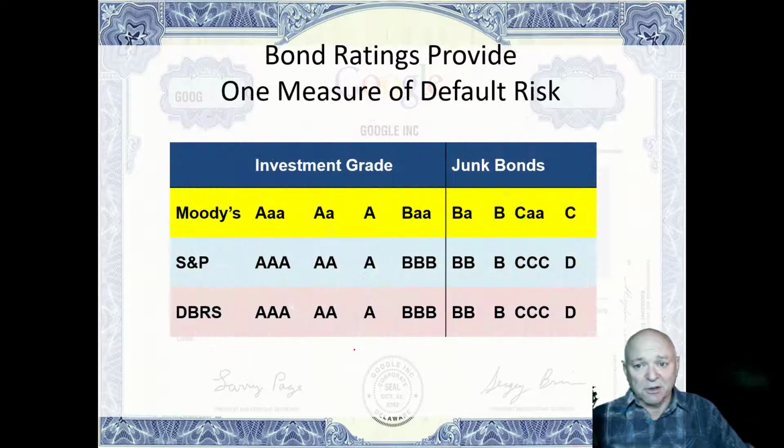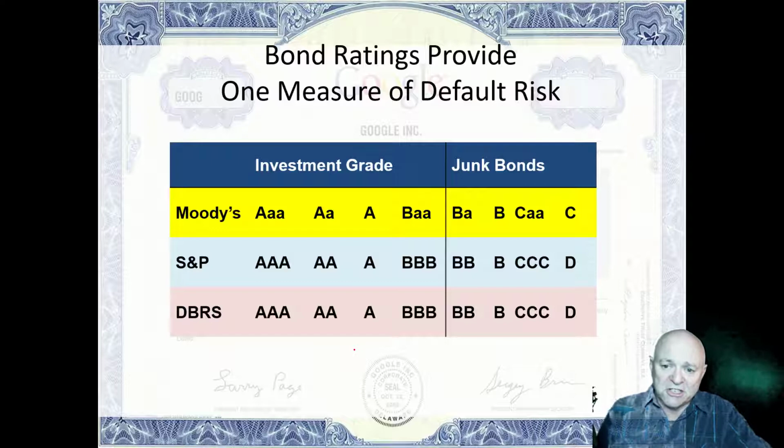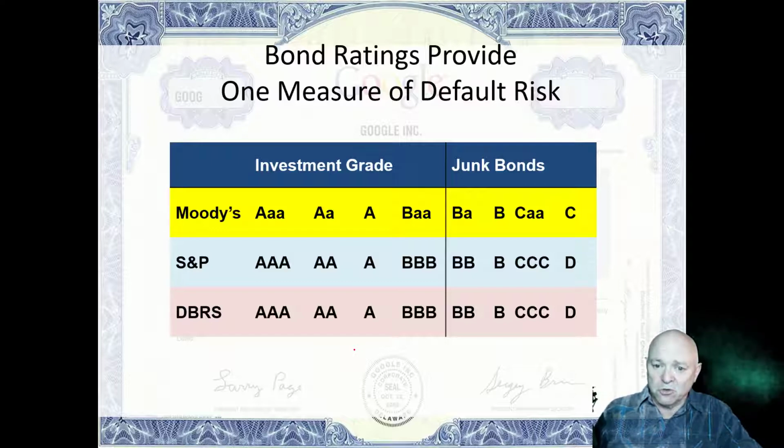We can see an example of how bond rating works from these bond rating agencies and their published credit ratings. The three best known worldwide, certainly the best known in Canada, include Moody's, Standard & Poor's, and Dominion Bond Rating Service. You can see the scales are comparable but a little bit different.